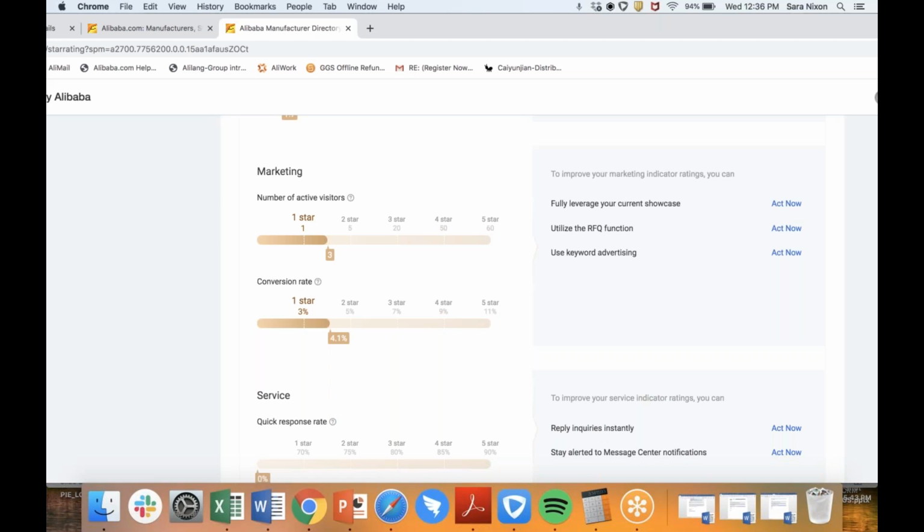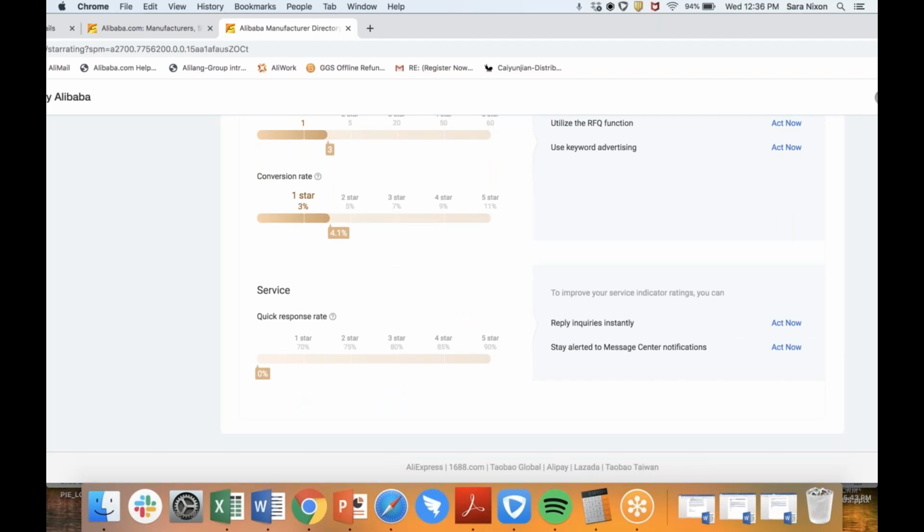You can make sure that those product keywords are relevant, that you have really sharp pricing, that you have MOQs that are competitive with the marketplace, and that you have a great product description as well as images. These are all things that you can do to help bump up your conversion rate.